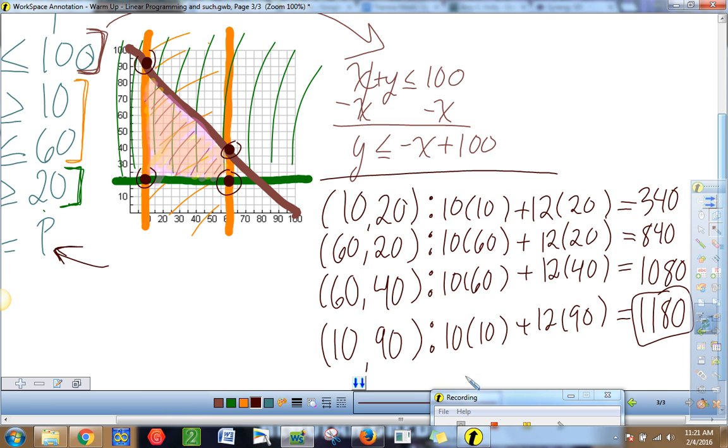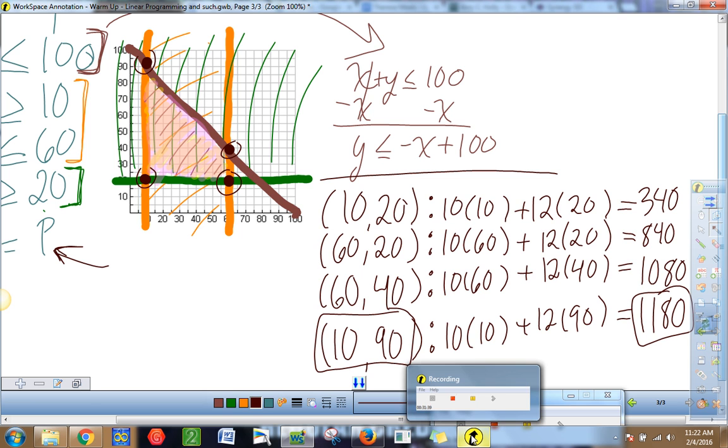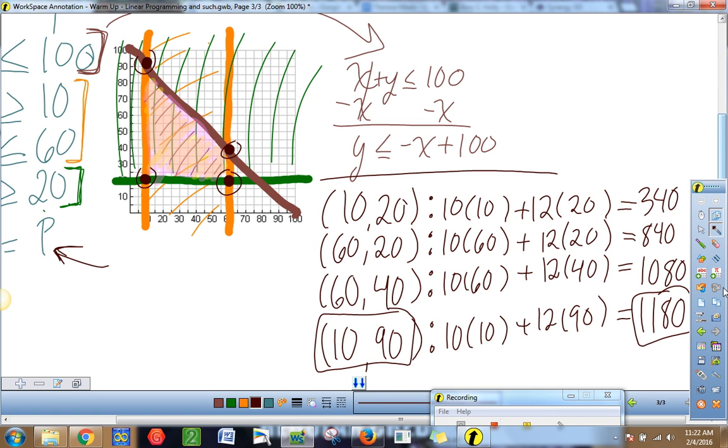So what does this mean? You have to go back and relate it to the problem. Which, by the way, I was really impressed on the midterm how many sentences and things. I'm so proud. What does this mean in the context of the problem? If you sell 10 Afghans and 90 sweaters, you're going to maximize your profit.